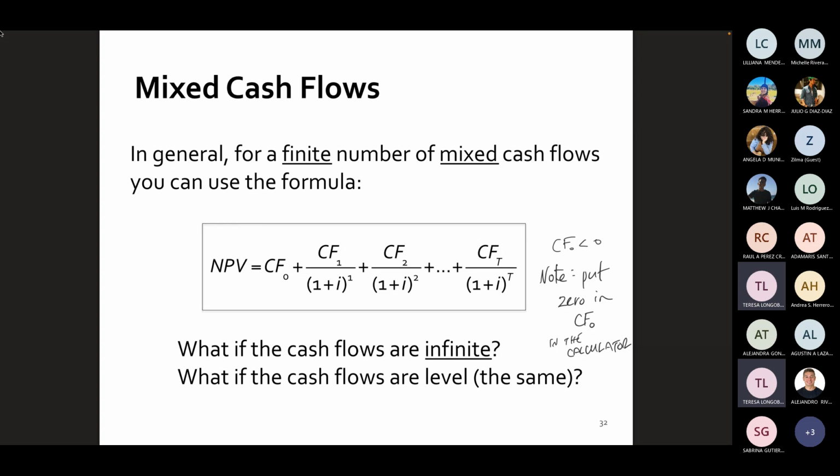So this is how you would handle mixed cash flows. But what if the cash flows are infinite? I only entered 5 and it seemed tedious already. Imagine if there are many of them, like getting payments monthly for years to come. Or what if it's infinite? We'll talk about scenarios where you can realistically imagine infinite cash flows in the future.